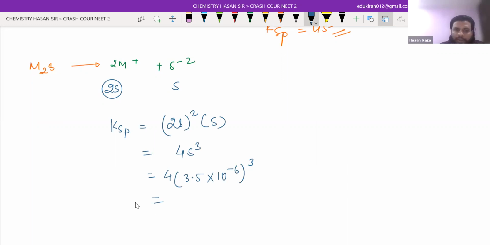And after solving it, you will be getting 1.7 into 10 raised to the power minus 16. This will be the answer for 96.